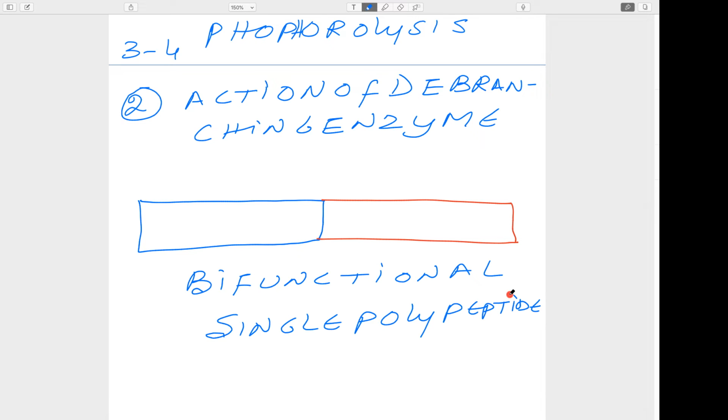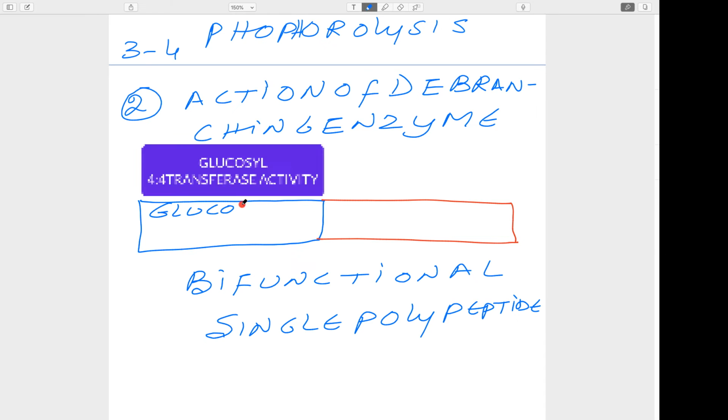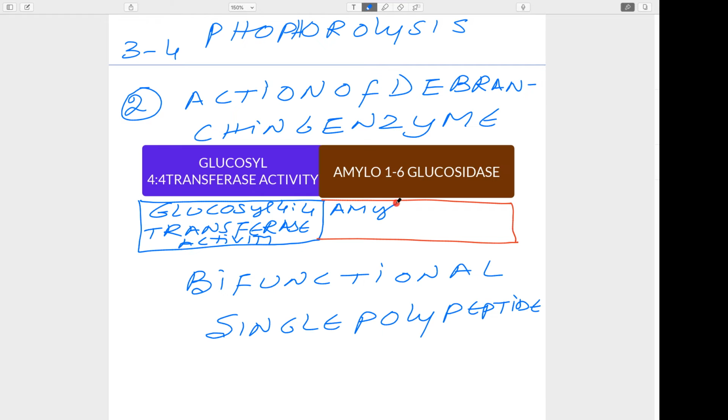So what are those activities? The first one is glucosyl 4,4 transferase activity. The second one is amylo alpha 1,6 glucosidase activity.